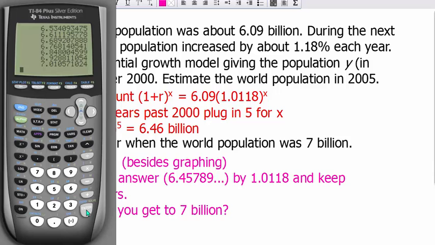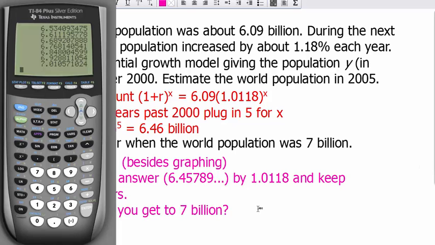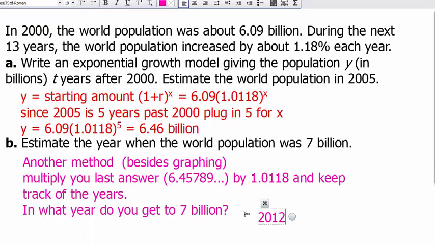So I can set up the calculator so that it will do that. The year was 2012 because I kept track of it. As I was hitting enter, I went, this is 2006, 2007. That's a really important part of this. So that's another method that we can use to estimate when we would get to a different value.